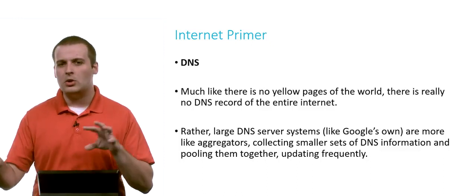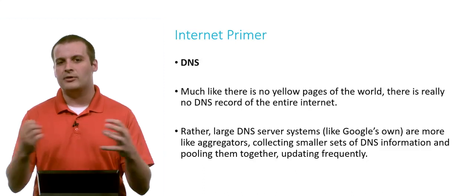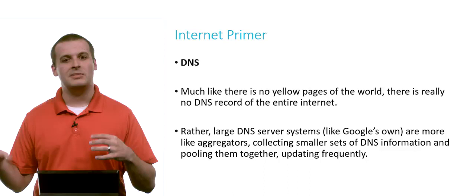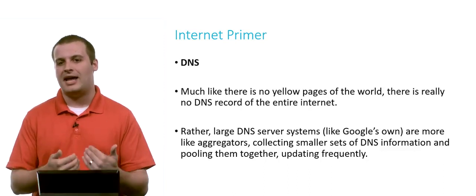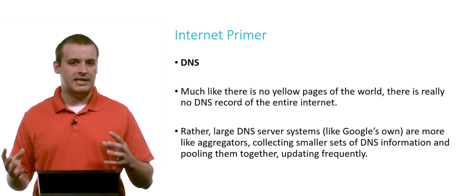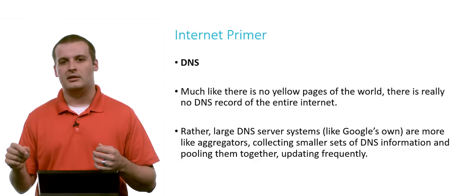There are all these local, small-scale DNSs that exist out there, and there are services that aggregate them together, but they depend on those smaller DNS systems updating their information so that they have the most accurate information.